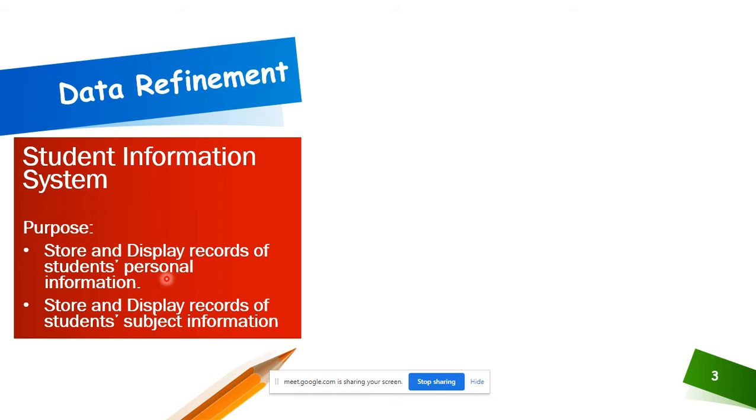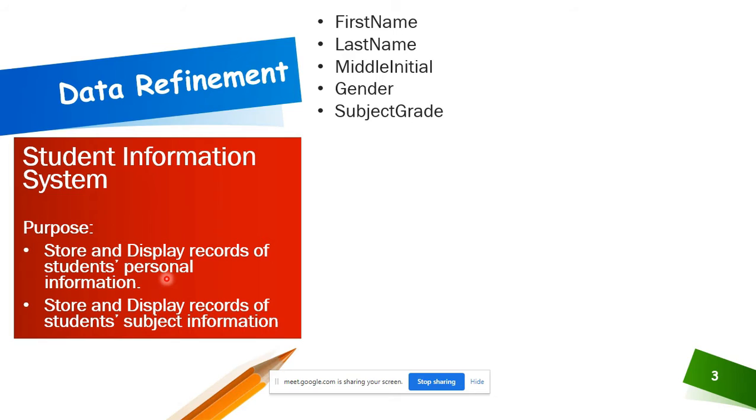Of course, from the words personal information, kakailanganin natin dyan ng first name because it is pertaining to our personal information, right? And of course, after first name, we also have the last name. Next will be middle initial, gender, subject grade. Subject grade is pertaining to what? Is it still a personal information? Of course, it is now pertaining to the subject information.